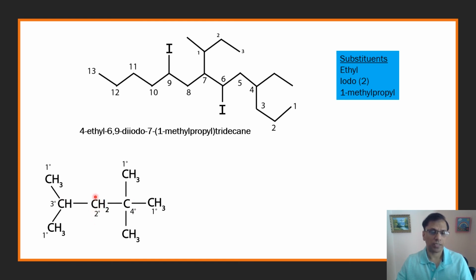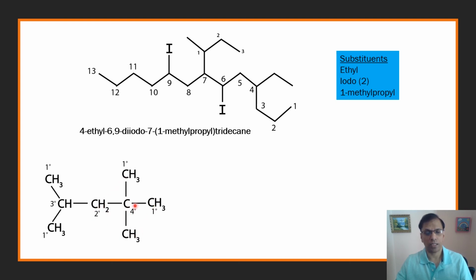Whenever a carbon is attached to two carbons, it's called a secondary carbon, and the hydrogens attached to it are called secondary hydrogens. This carbon is the tertiary carbon because it's attached to 3 carbons, and so this hydrogen is called a tertiary hydrogen. And then we have the quaternary carbon, which is attached to 4 carbons, 1, 2, 3, 4.